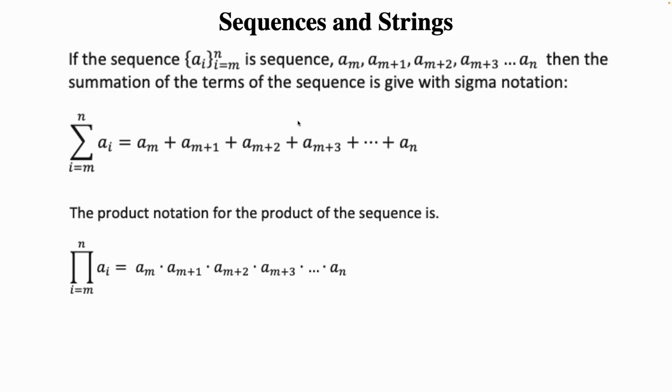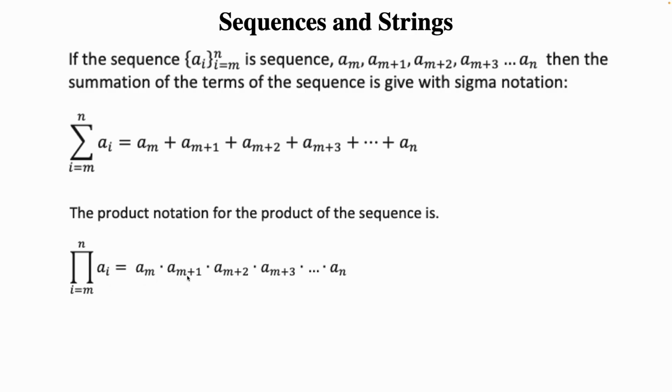The product notation is you take these same numbers from your sequence and you just multiply them. So i starts at m, you plug in m, the formula generates a number, we call it a_m, you write it down. Then you set i to m plus 1 and you plug that in.